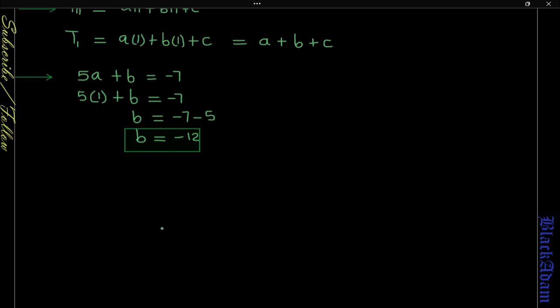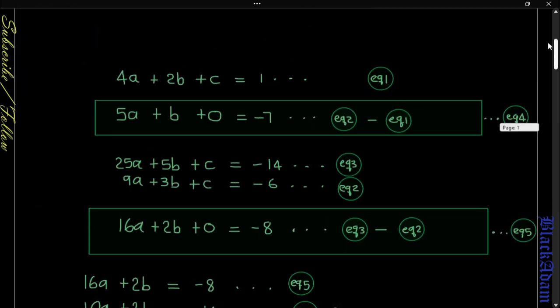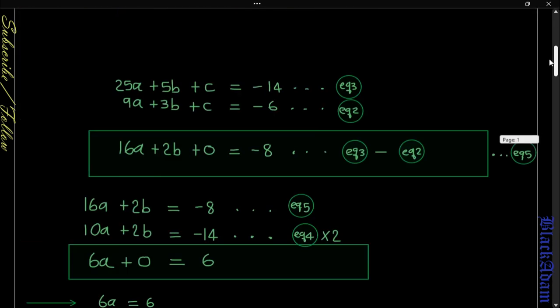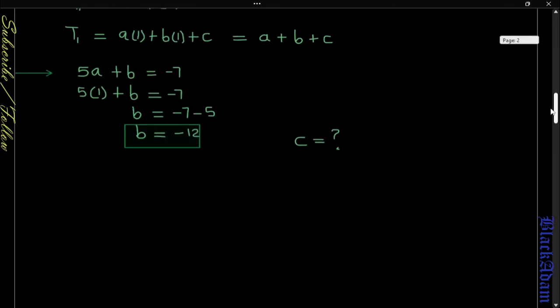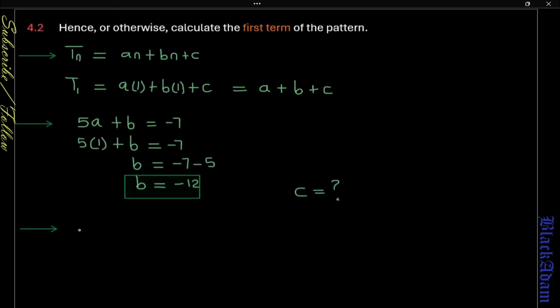We need to find c, and we don't know c, so we can use any equation. I'm going to use equation 1, 4a plus 2b plus c is equal to 1. So 4(1) plus 2(-12) plus c is equal to 1.